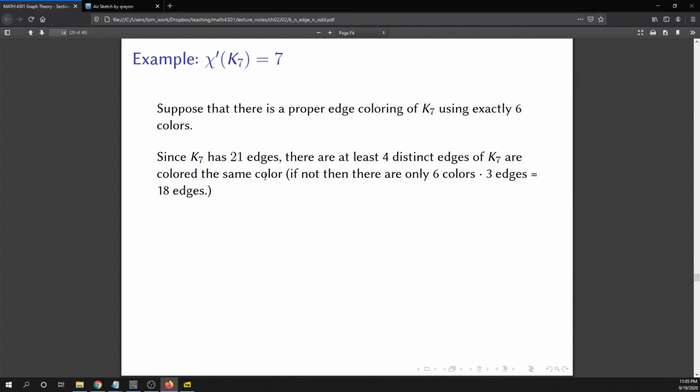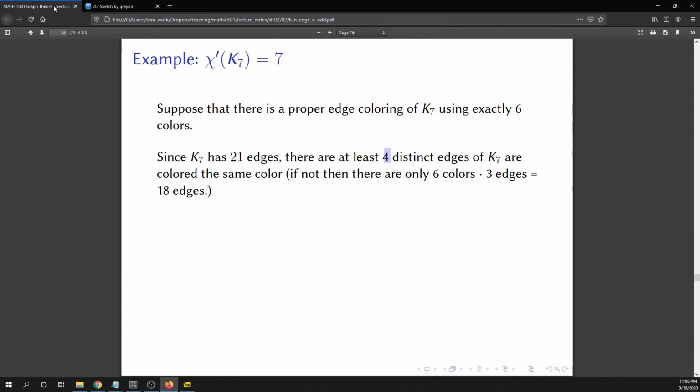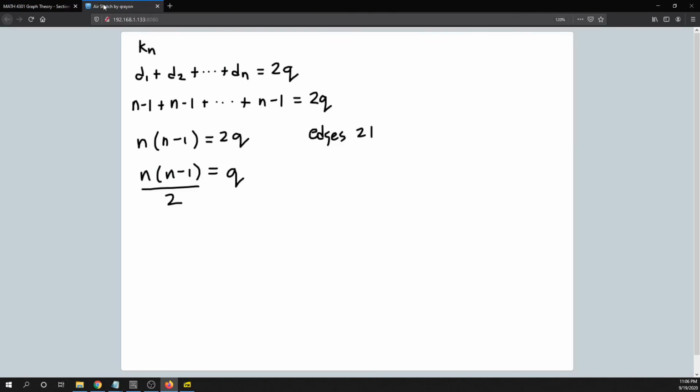How you would come up with that 4 is to take the number of edges, 21, and divide by the number of colors, 6.